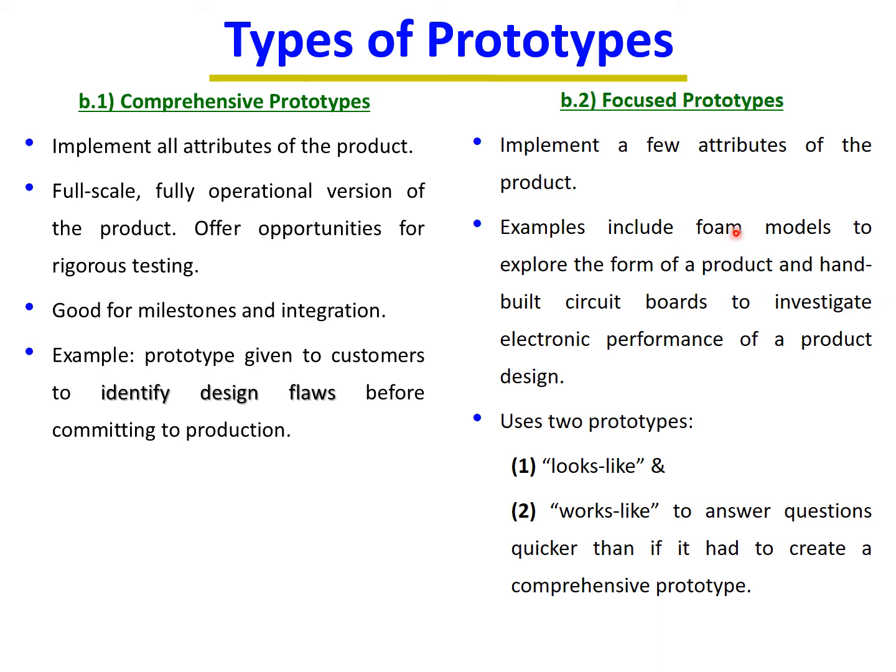So examples include foam models to explore the form of a product, right? You understand foam, right? You can easily mold it to any shape you want. It is a type of rubber or a polymer. So you make the model out of foam. It is not a real working model, but this foam model gives all the form, all the geometry of the product, and then you can discuss it with the customers and so on.